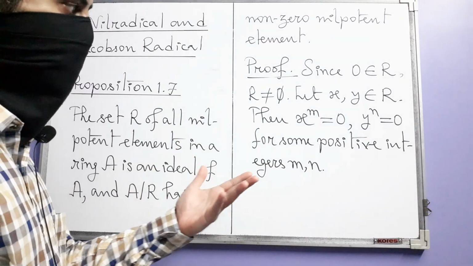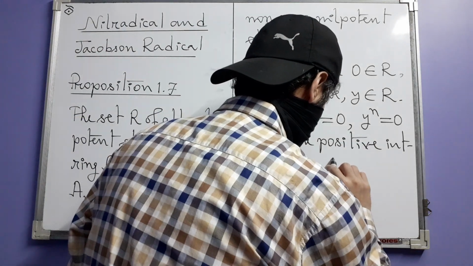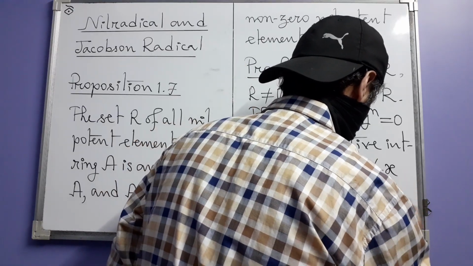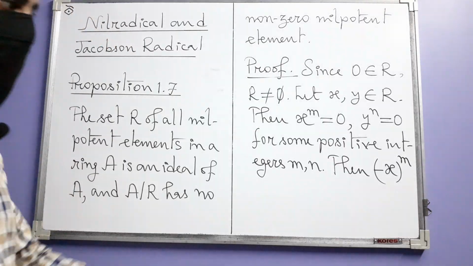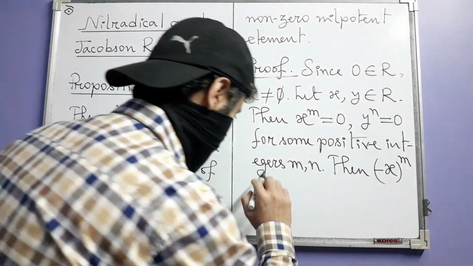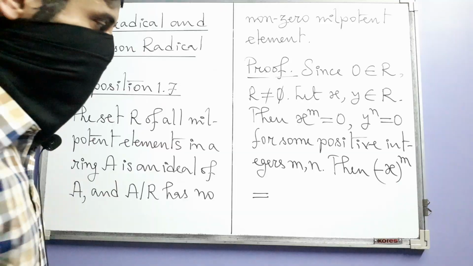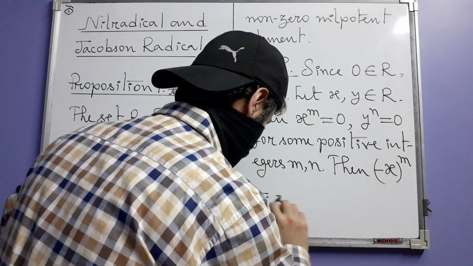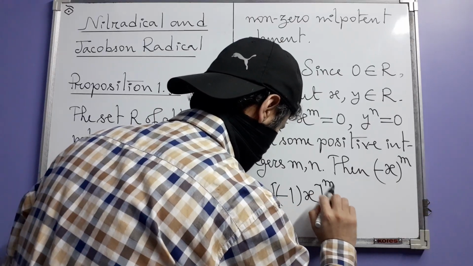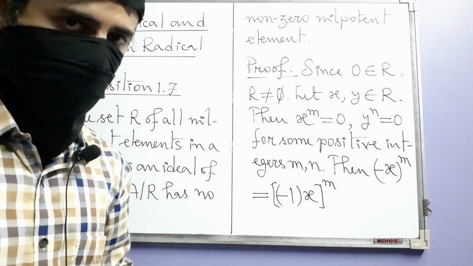Okay, now what can we immediately say from these two equations? The first easy thing we get is this. Let us consider the mth power of the additive inverse of x, minus x. You know that in any ring which has an identity element, and our rings always have identity elements, minus x can be written like this. On top of that, we are in a commutative ring.